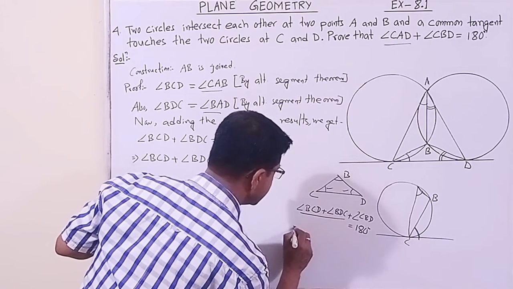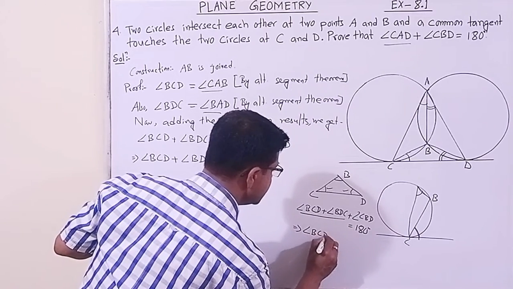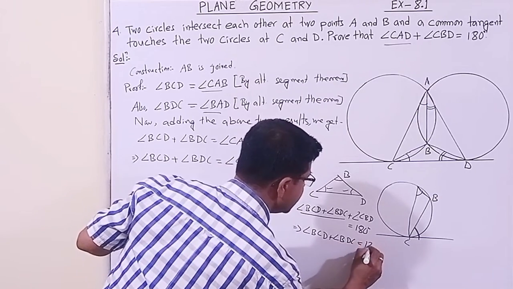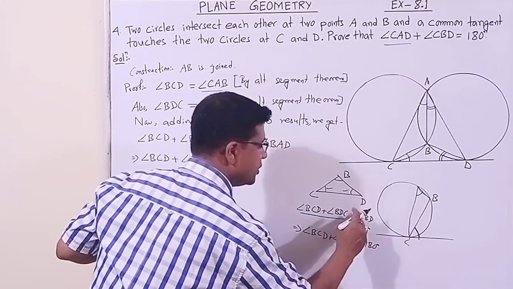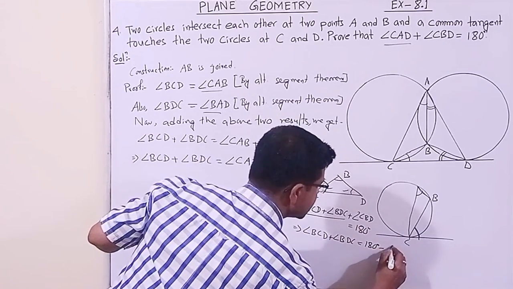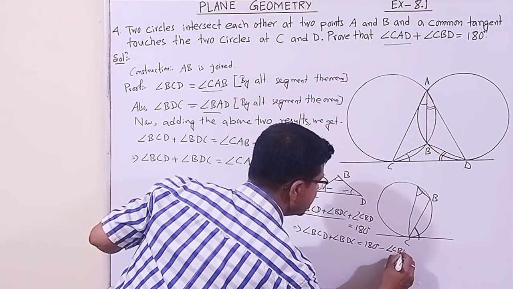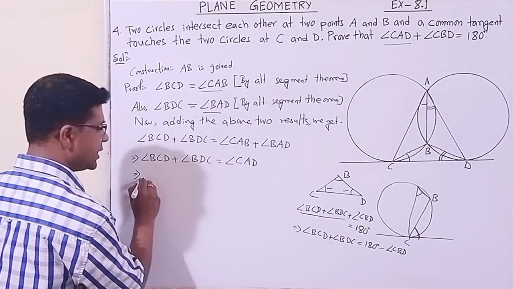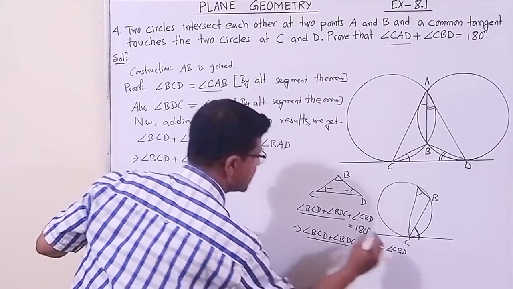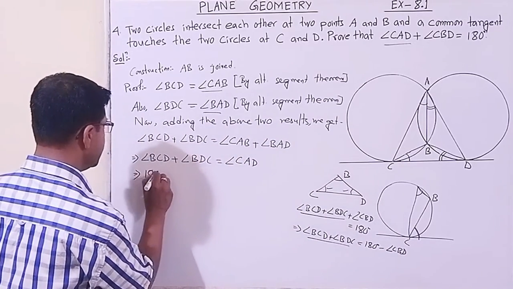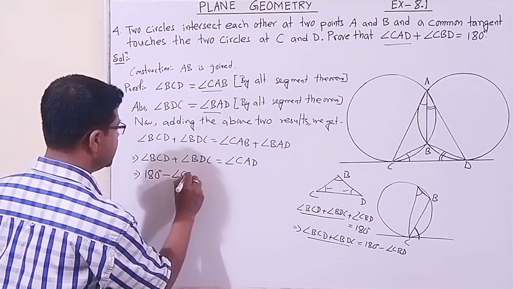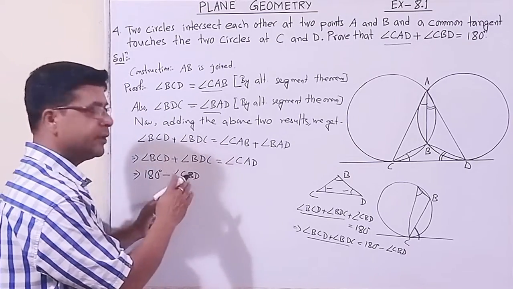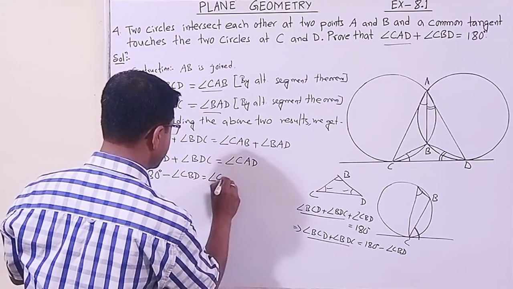But if we want angle BCD plus angle BDC, this angle we shall take on the other side, it will be minus angle CBD. Is it okay? So in place of this, we shall substitute 180 degree minus angle CBD. What is the reason behind this? Here we have used the angle sum property of triangle. Angle CAD.